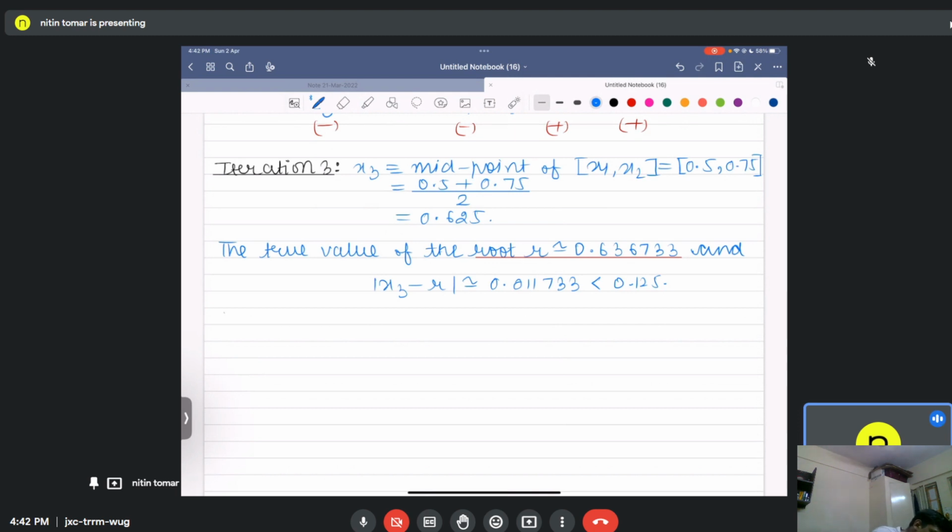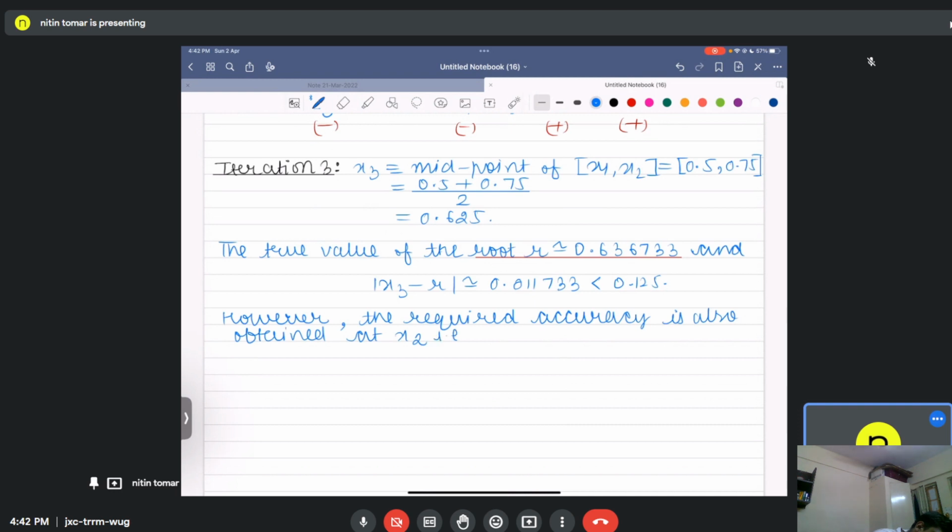But there is a catch. However, if you see, the required accuracy is also obtained at x2.